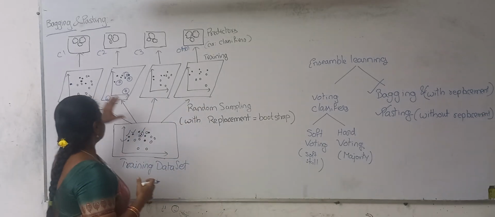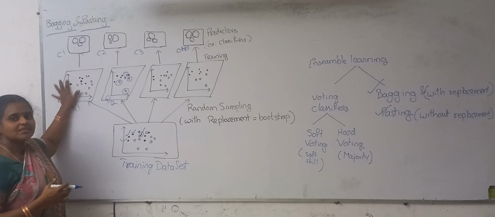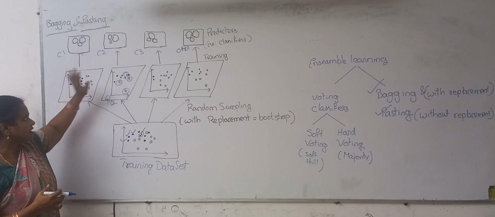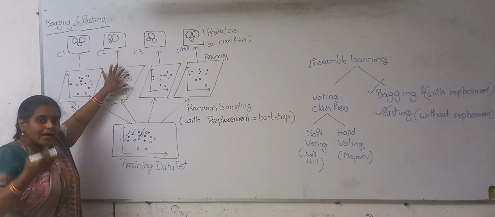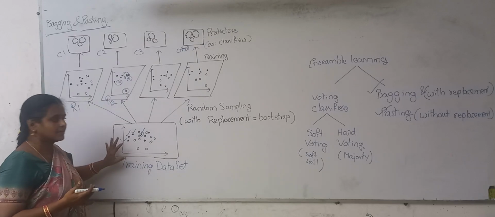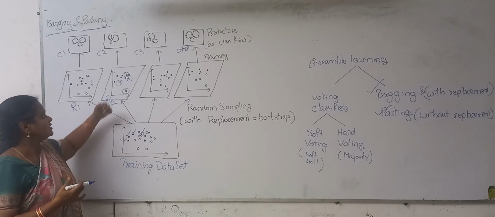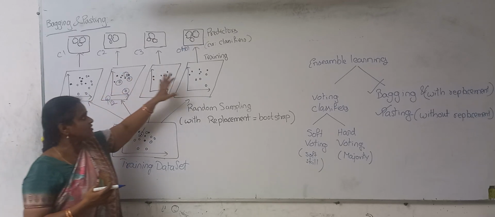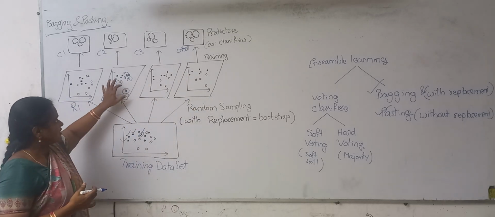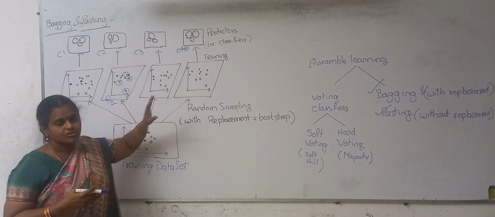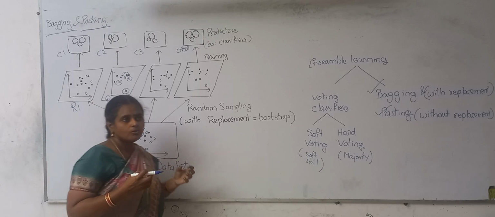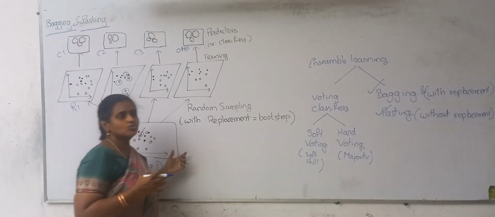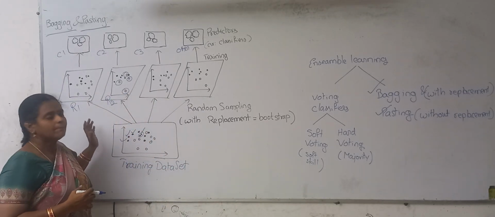One classifier can take one set of the training data set and another classifier can take another part of the entire training data set. Another part will be randomly selected and given as a training data set to all these classifiers. This way of providing the training data sets to the classifiers is bagging.